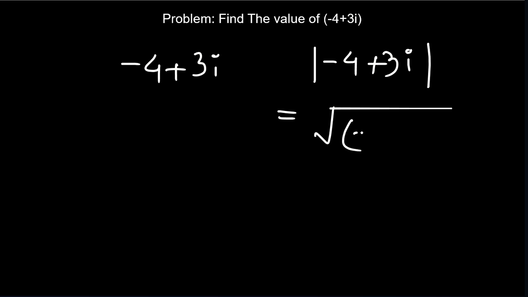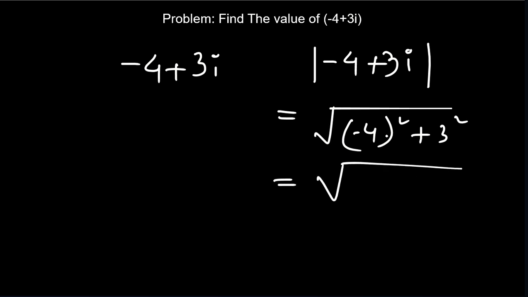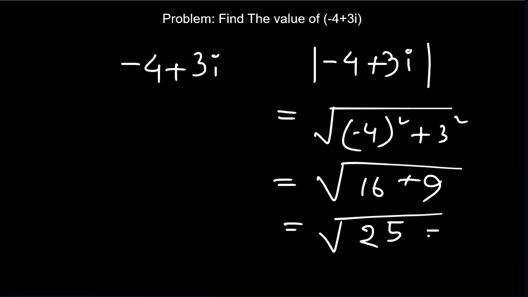Here, minus 4 squared equals 16, because minus squared becomes plus. 3 squared equals 9. So 16 plus 9 equals 25, and root over 25 equals 5. So the modulus of minus 4 plus 3i equals 5.